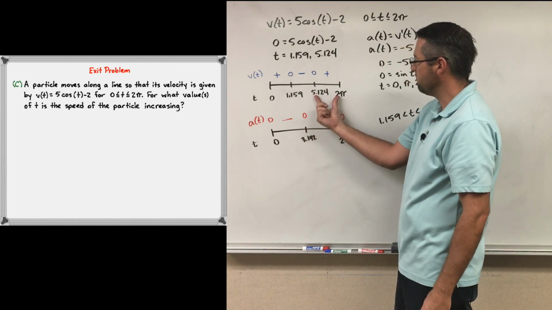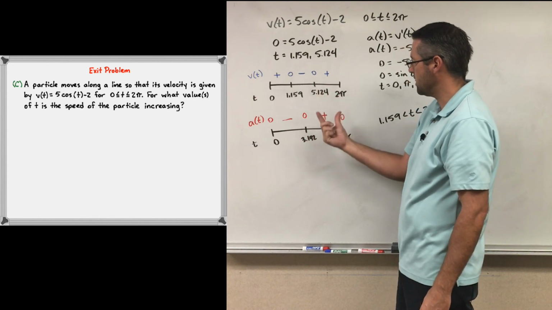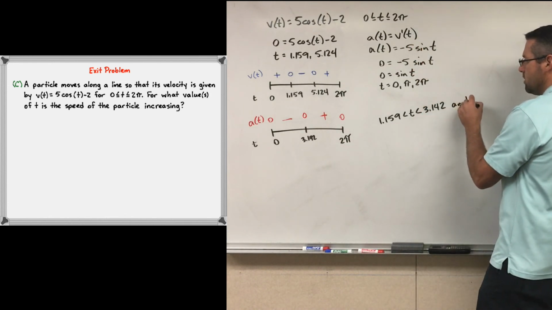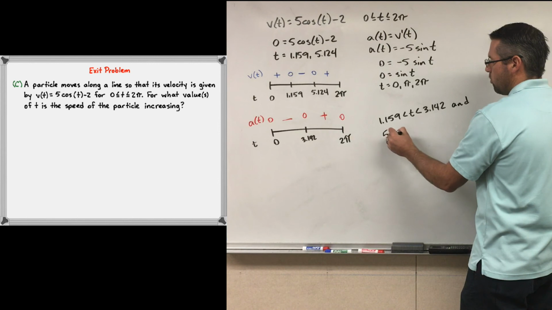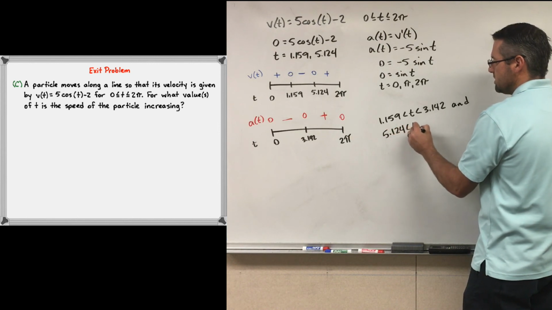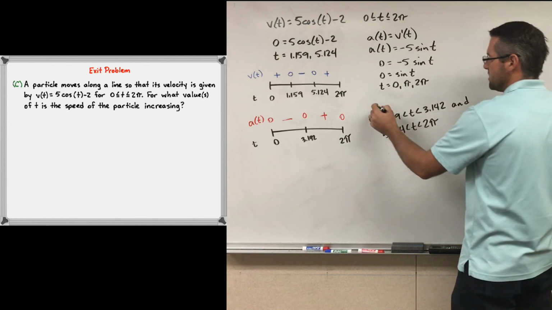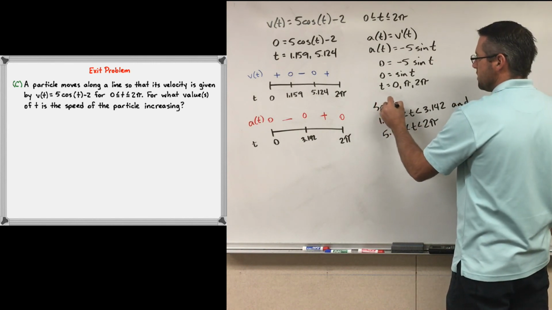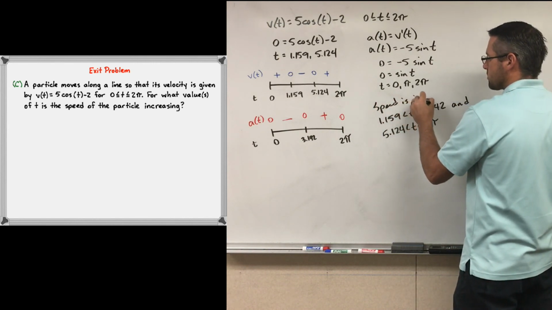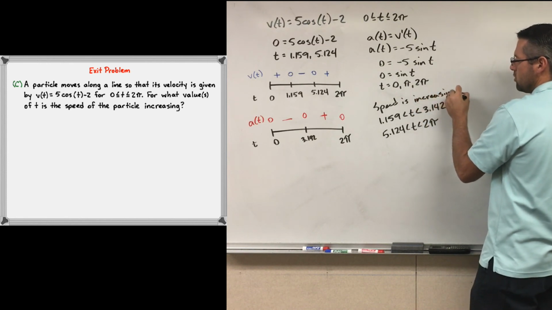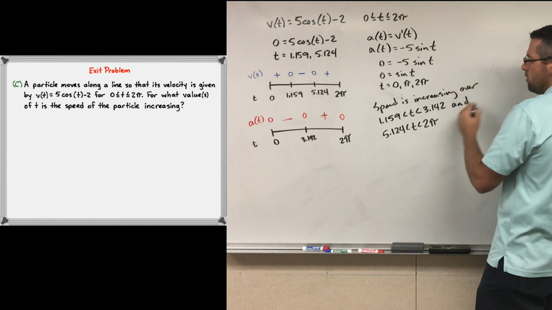From 5.124 to 2 pi, we have a positive velocity and a positive acceleration. So we would say 5.124 less than t less than 2 pi. This is where we're speeding up. We would say speeding up, speed is increasing, over those intervals.